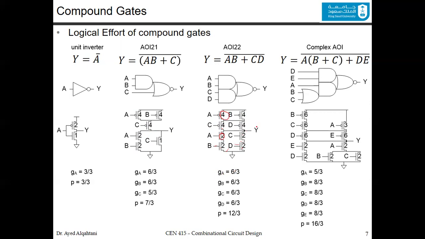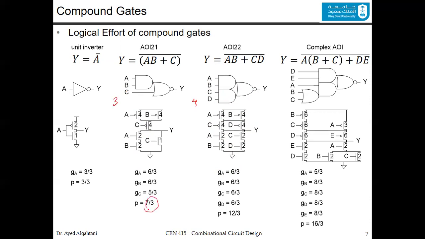Now, for the parasitic, again, you can notice that this is not a common circuit where you can count the number of inputs and say, okay, the parasitic is only 4. Sometimes you get this correct, sometimes not. So let's, for example, look at this one. Here you have 3 inputs. You can't say that the parasitic is 3.